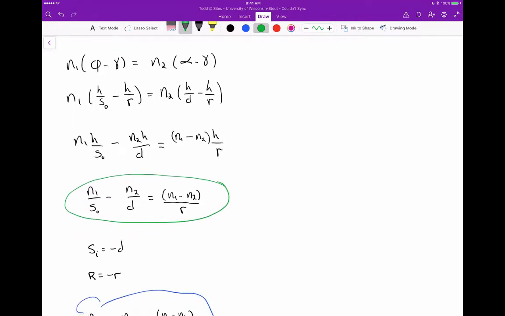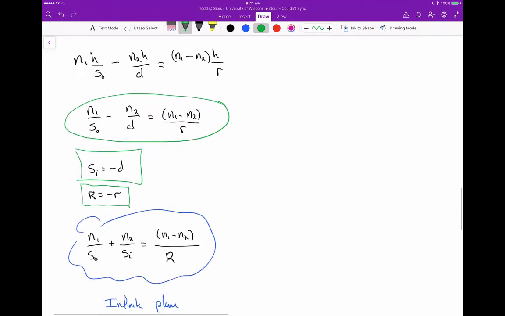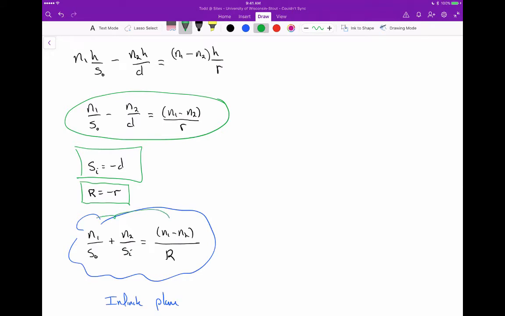And what we're going to assume is that S sub I, the image distance, is actually the negative of D, and the radius of curvature is negative R. This has to do with how we're defining signs of positive and negative curvature and positive and negative image distances. And so with those two pieces of information, we can go ahead and plug it in, and this is the result that we get, which looks fairly similar to what we got with the mirror, with the biggest difference being the introduction of the index of refraction.